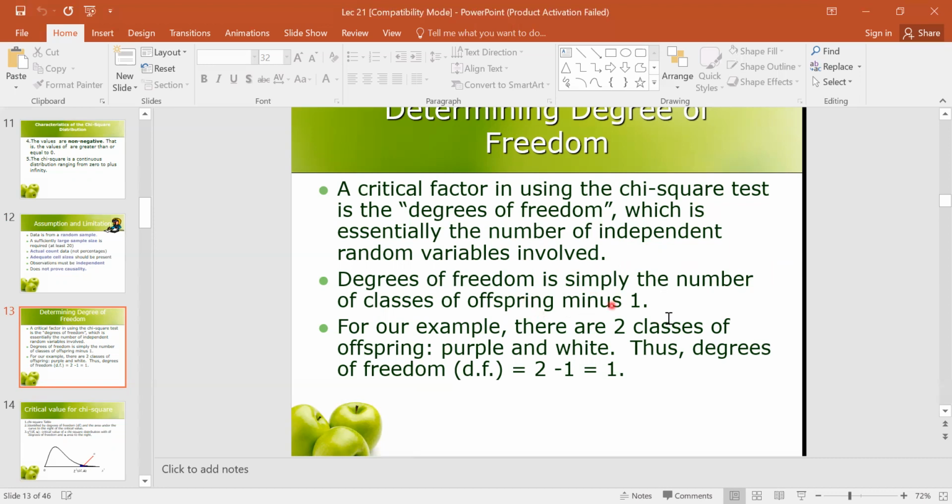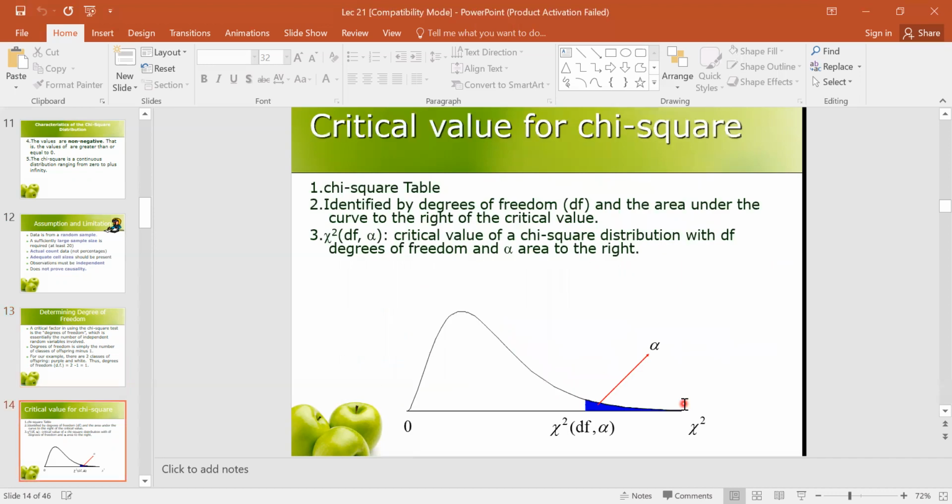So degrees of freedom is simply the number of classes of offspring minus 1. Like if there are 2 classes of offspring, purple and white, then the degrees of freedom must be 2 minus 1, that is 1. So this is one way to calculate the degrees of freedom in the chi-square test.